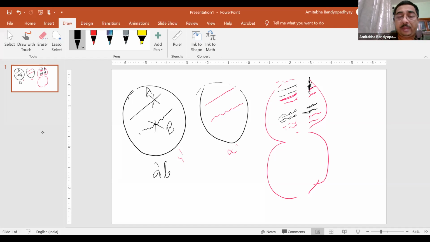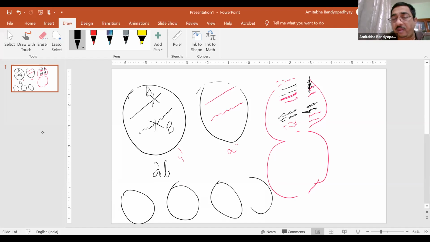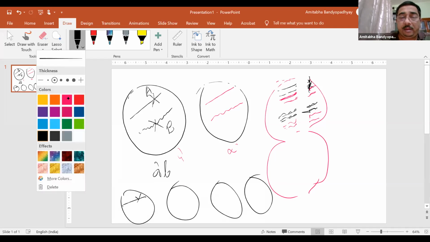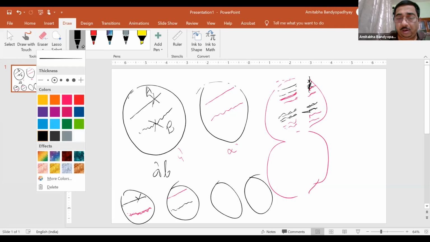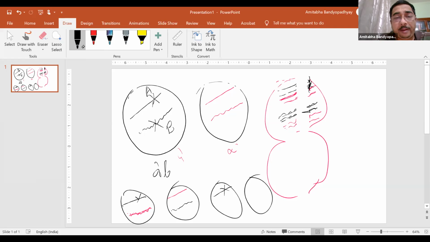Now when you sporulate it, you will have 4 spores. So in some, you will just get this and this, or you will get this and this, or you will get this and this. All these possibilities are there, right?